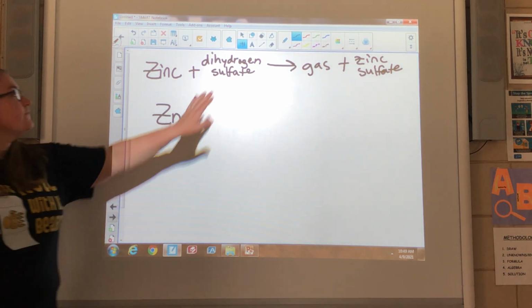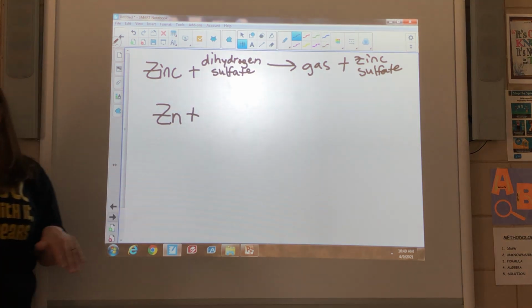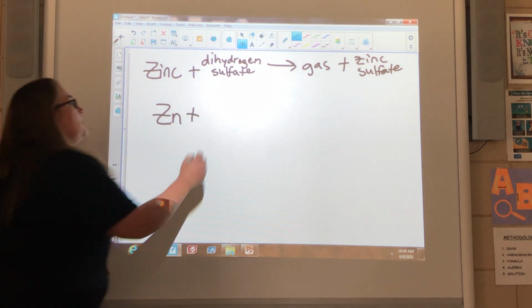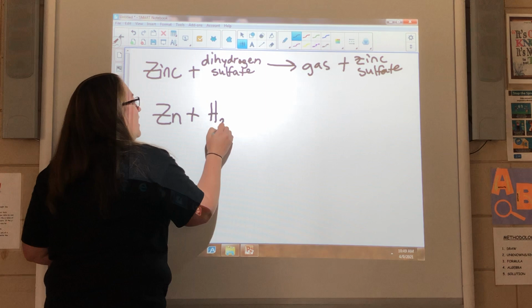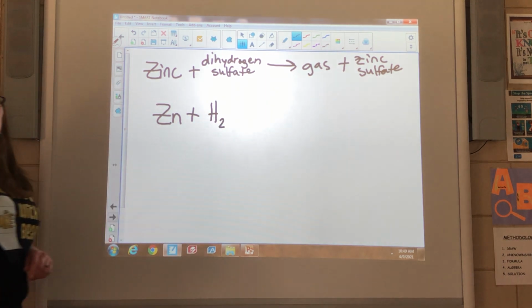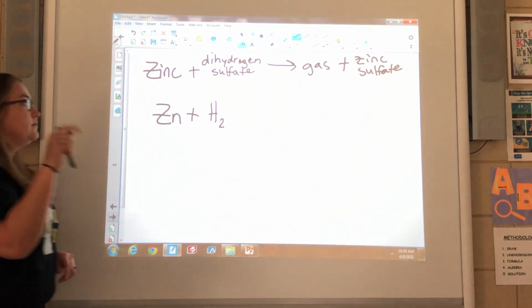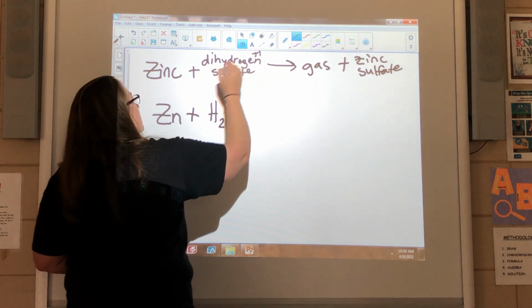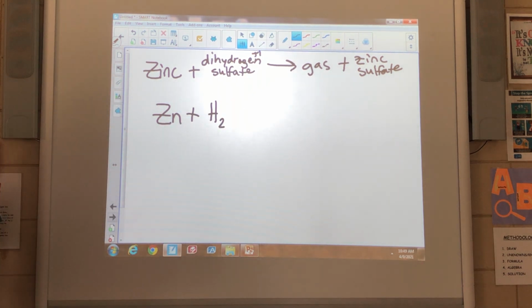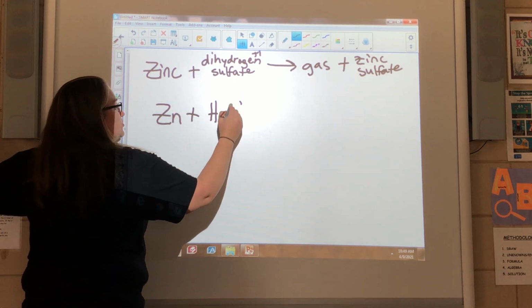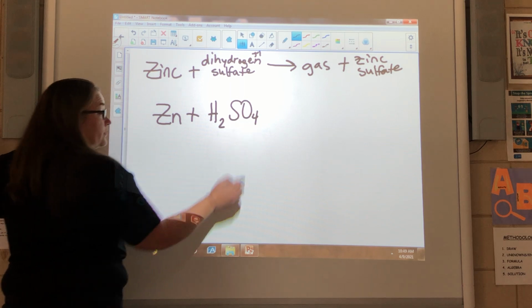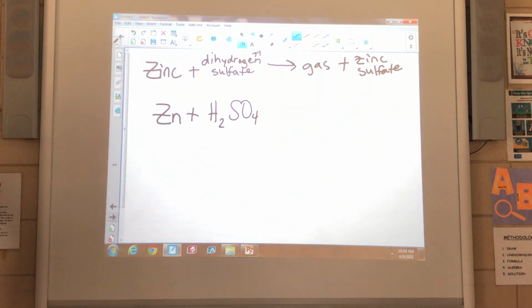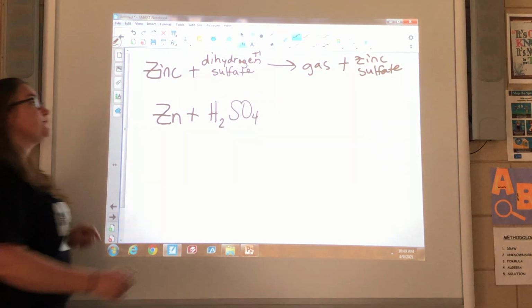So, what is the first part of that going to look like? H2. Now, what is my charge on hydrogen? +1. And sulfate, if I look at my chart, sulfate is going to be an SO4. Any guesses to what its charge is? Or if you got it in front of you, what's its charge? -2.